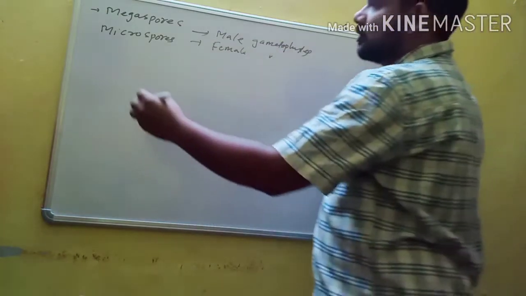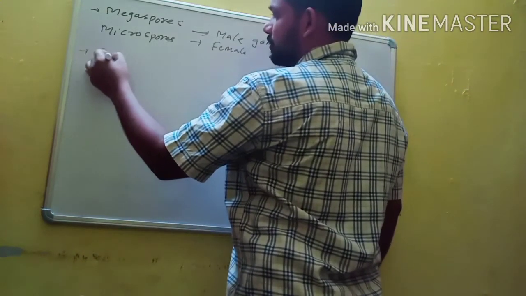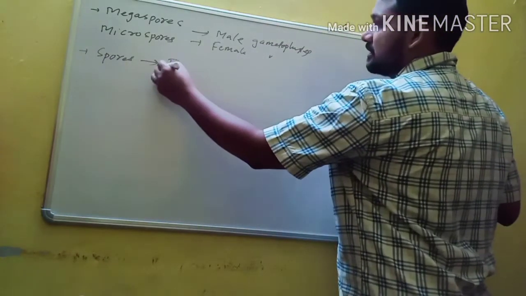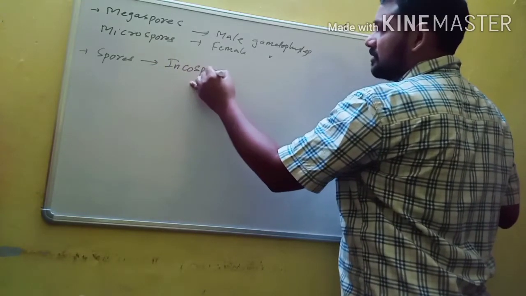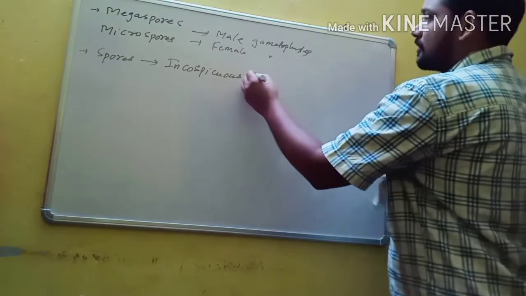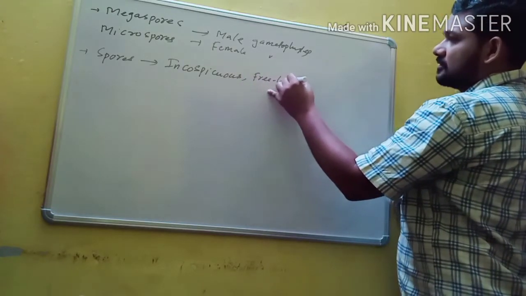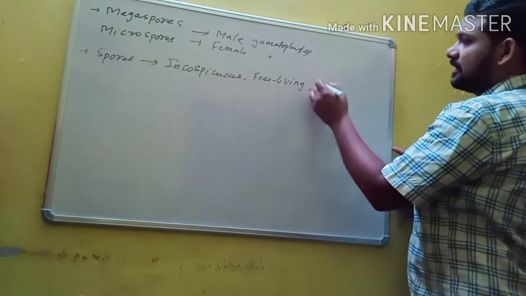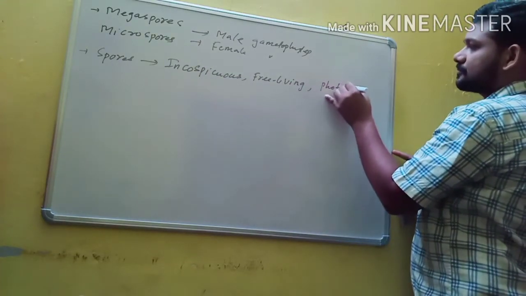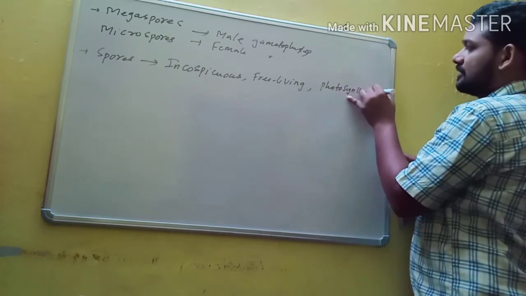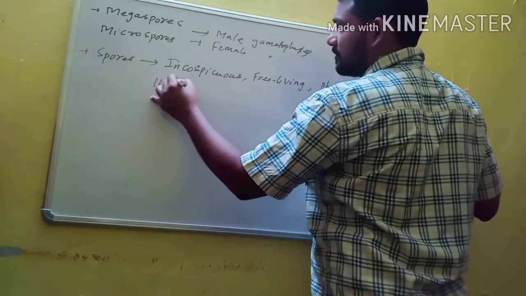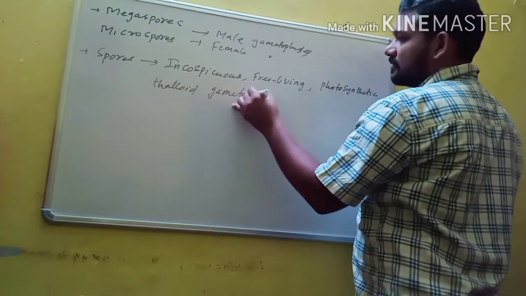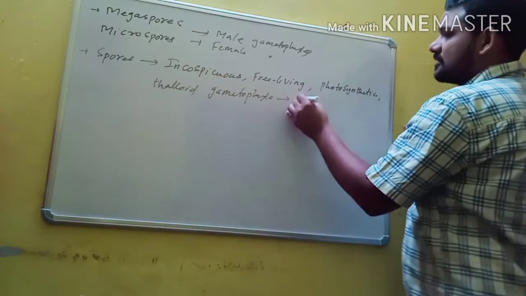Here, both homosporous and heterosporous spores, when they fall on a suitable substratum, germinate to give rise to an inconspicuous, meaning small, free living, photosynthetic, thalloid gametophyte that is known as prothallus.